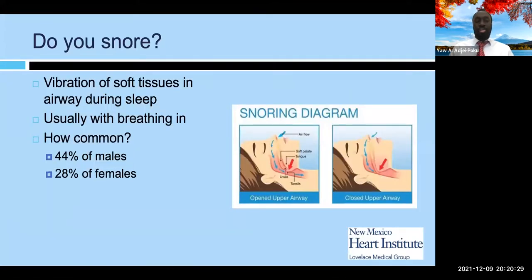So what is snoring? So snoring is a vibration of soft tissues in your airway when you sleep. And that's typically related to narrowing or closing of the airway.